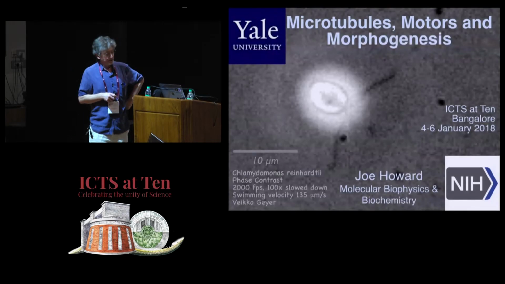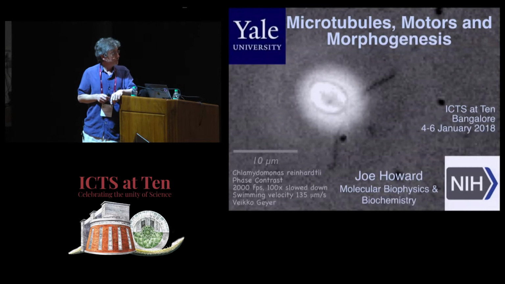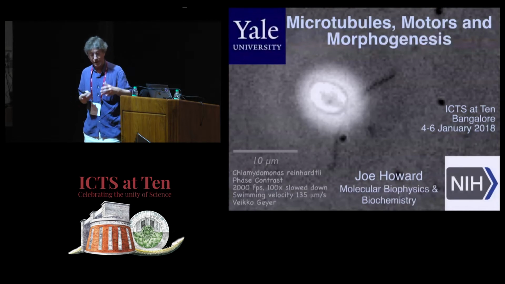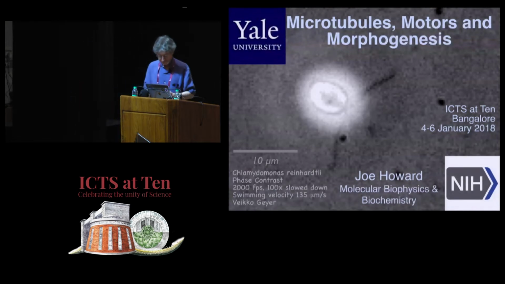So what I'm going to do today is tell you what I think are the most important problems in biology, mainly having to do with morphogenesis, the creation of biological structure, and then some of our work on that question.